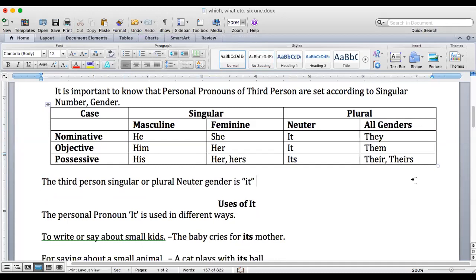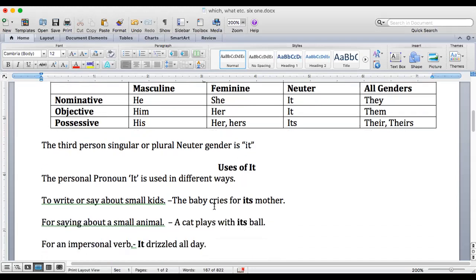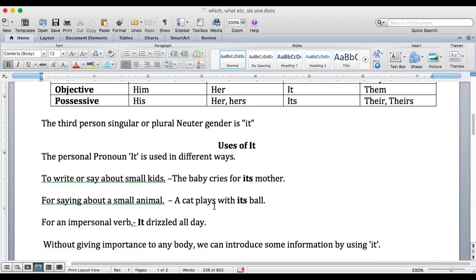The third person is according to singular or plural number, but there is gender also. Gender means masculine and feminine. Now the third person singular or plural neuter gender is it. The uses of it, look here. The personal pronoun it is used in different ways. Like it is used to write or say about small kids.